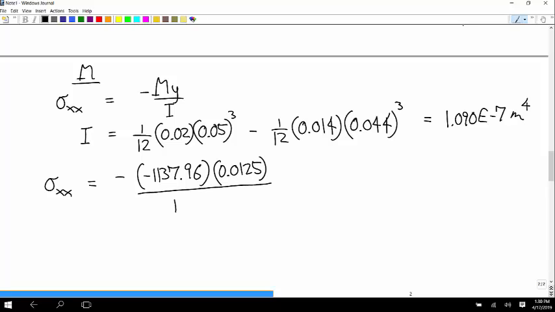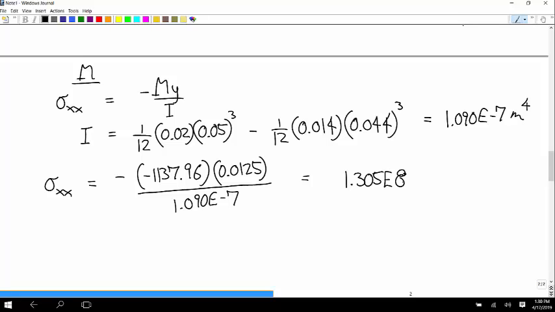And then divided by 1.090 times 10 to the minus 7. And what do you get for this? 1.305 times 10 to the 8.